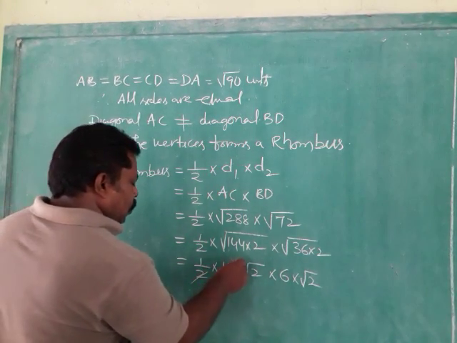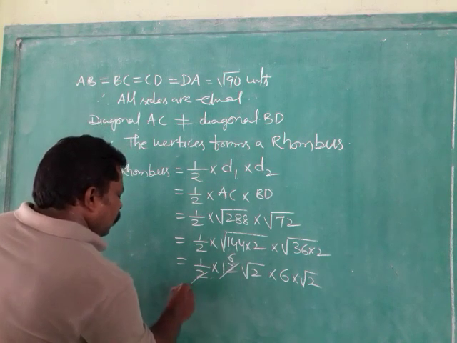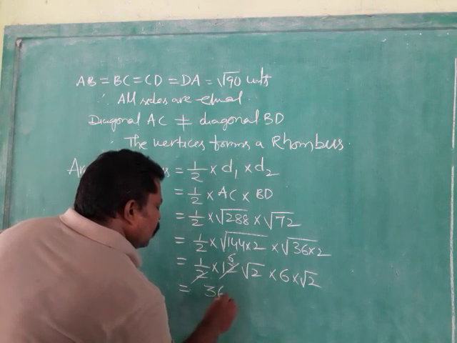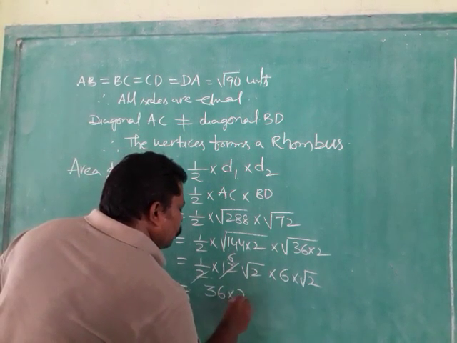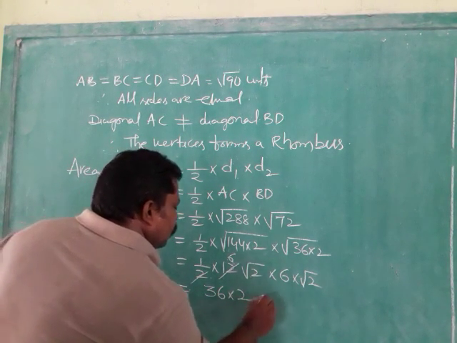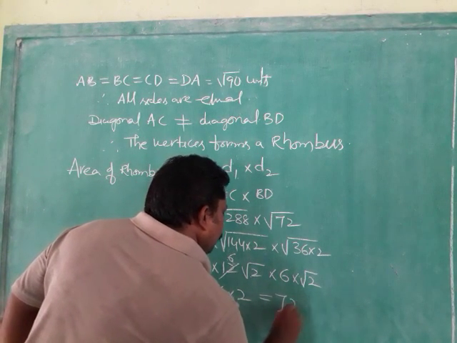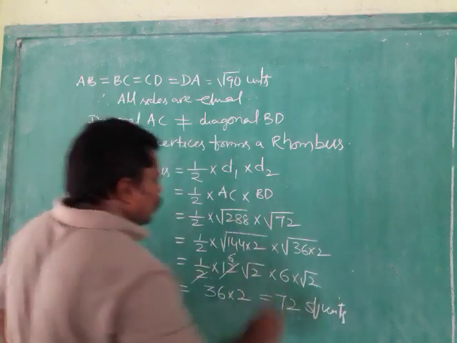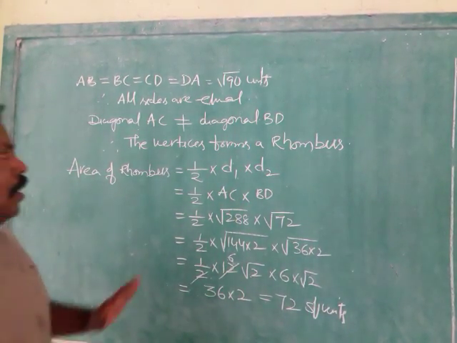Now 2 twelves 6 times cancel, which is equal to 36 into root 2 into root 2, which is equal to 72 square units. That is the area of the rhombus.